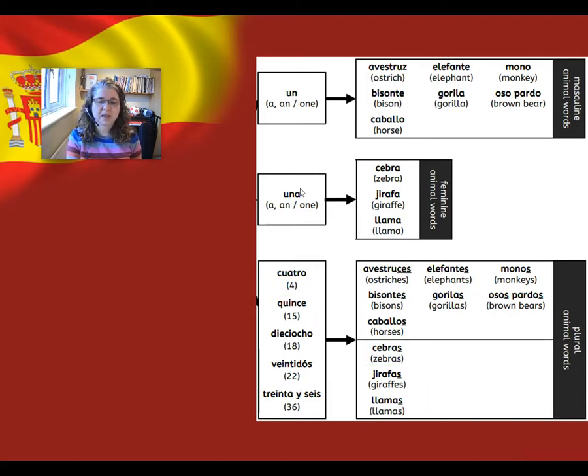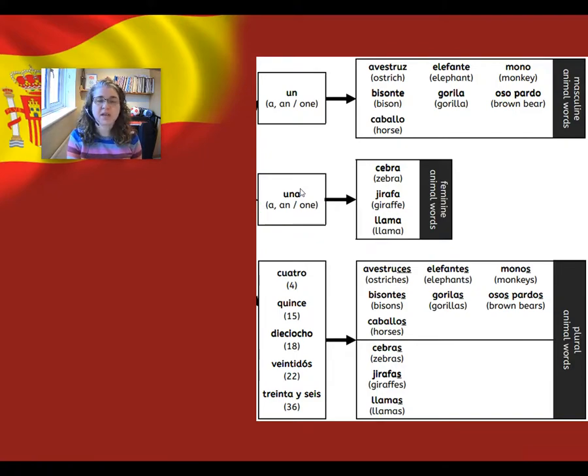Next, how do we say one llama? Have you found the word you need? Una llama. So we need una this time because the word llama is a feminine animal word.